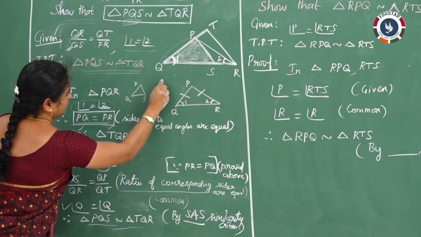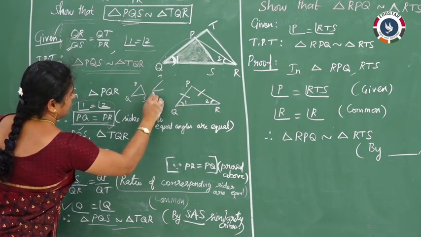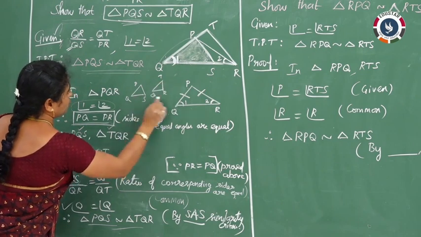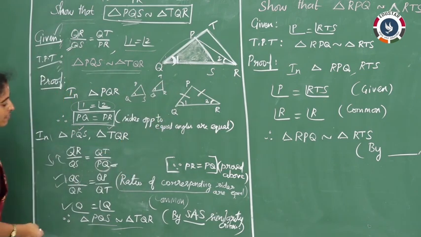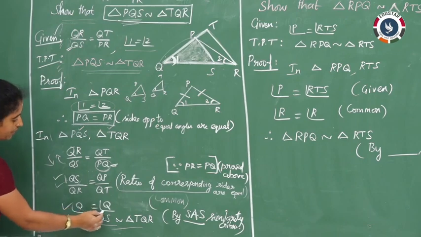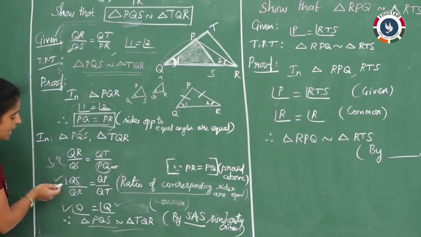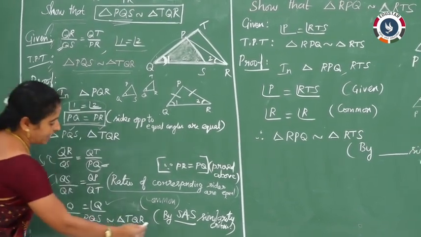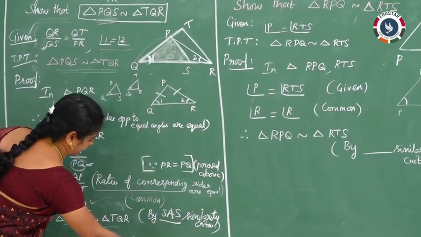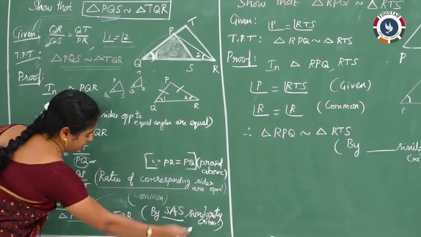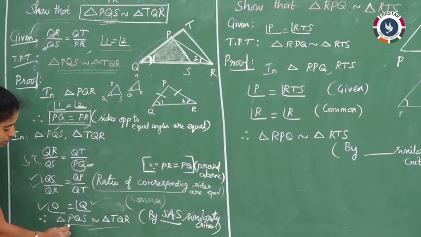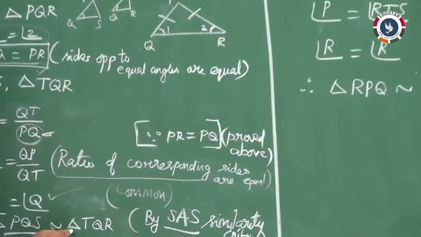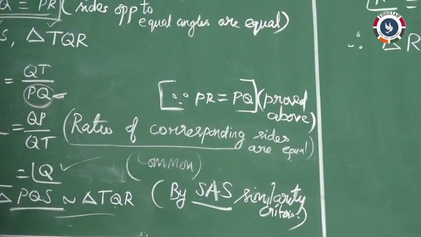PQS with TQR. With those two triangles, the common angle we have is angle Q. So one angle is common and the two ratios are equal. So we can have a side angle side. As per the side angle side similarity criterion, we have proved that triangle PQS is similar to triangle TQR.